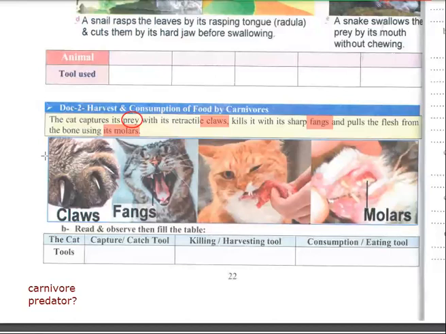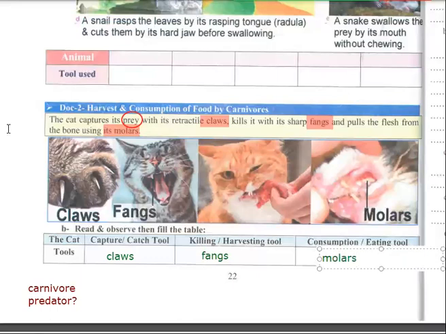What does the cat use in order to capture its prey? It uses its claws, its retractile claws. To kill the prey, the cat uses its fangs. And in order to consume it, it uses its molars.